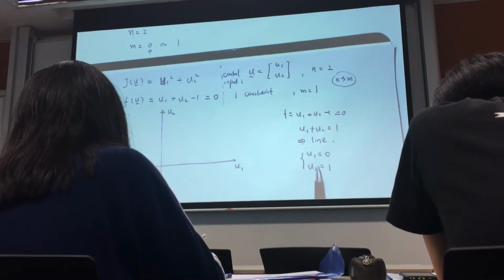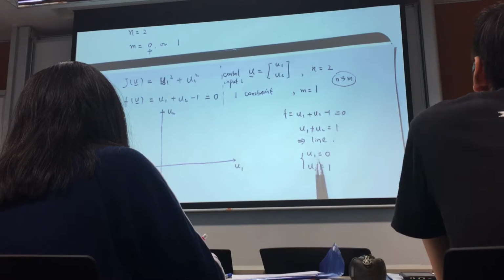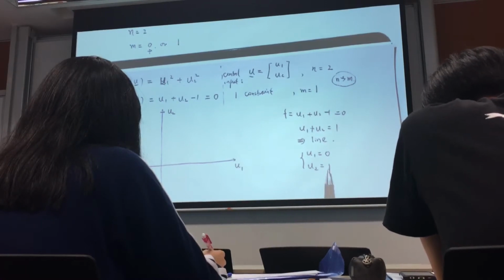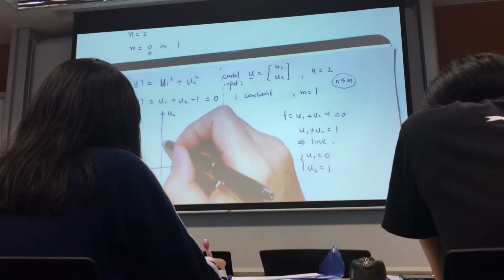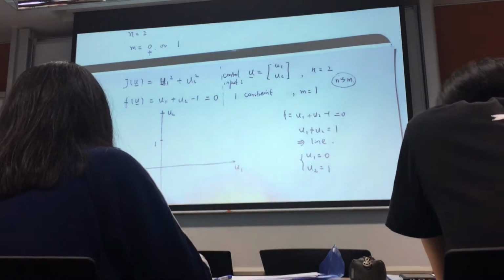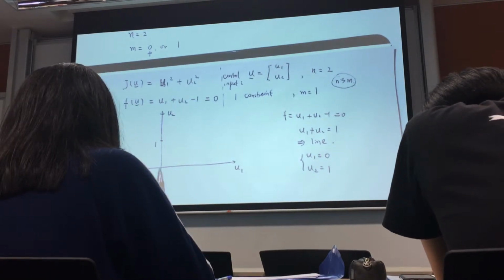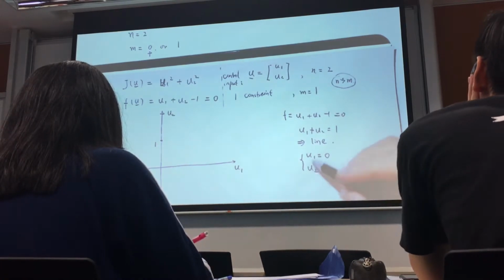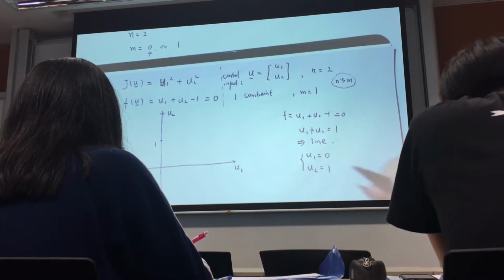So now we have the first point on this line: U1 equal to 0 and U2 equal to 1.